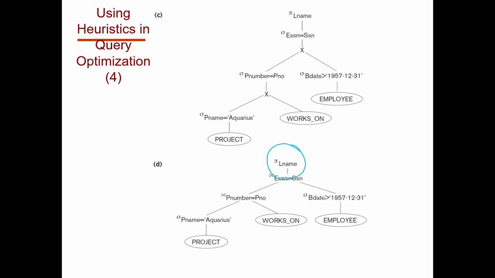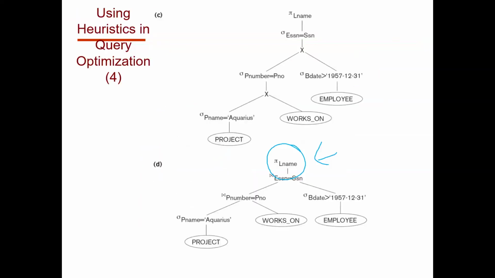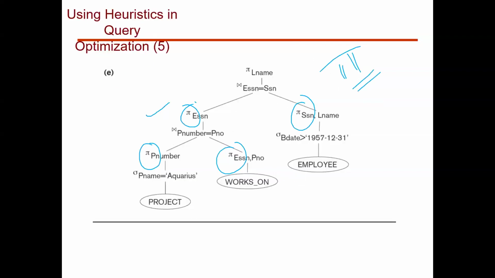In the root we have only last name, but here we have made what is called selecting the columns. So in here we only selected last name, but here we are selecting SSN also, ESSN also, last name also, P number also, and the project number also, and then the final last name.